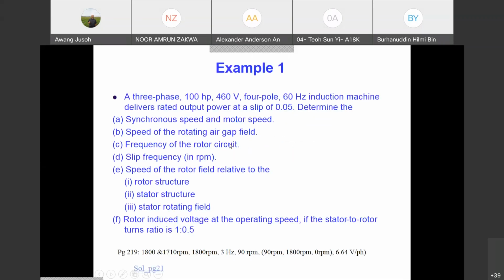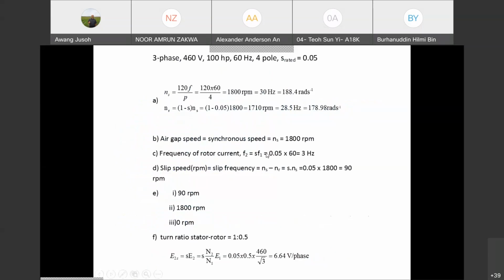Alright. Frequency of rotor current. Okay, so we know that in the AC machine we have current in the stator, and we also have AC current in the rotor. When current flows in the rotor, we have rotor frequency. We have stator frequency and rotor frequency. The rotor frequency is shown by the symbol f2. So f2 is equal to s multiplied by f1.